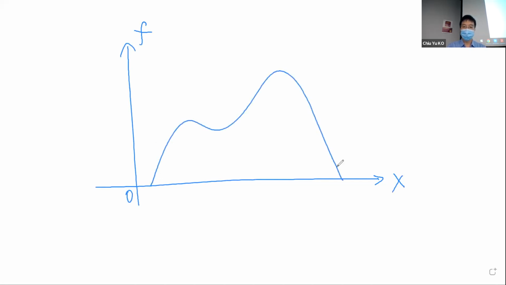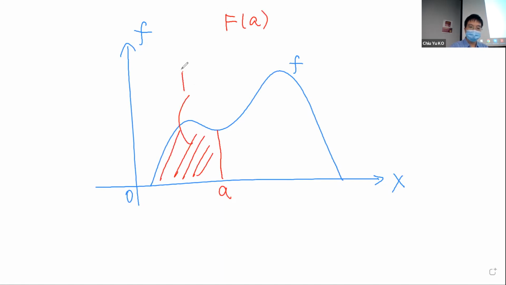This is called F. And what we are saying here, the integration or the area under this small f, is the big F of A, if A is this value. This area is called big F of A.